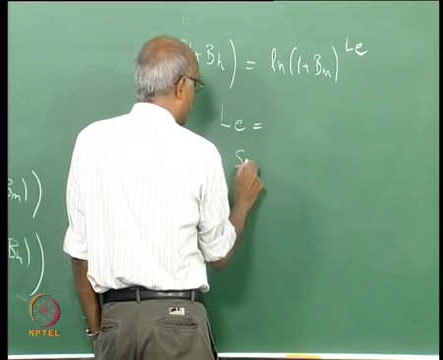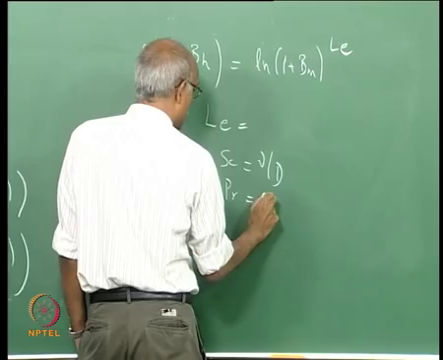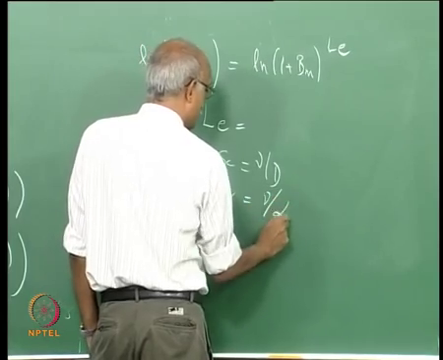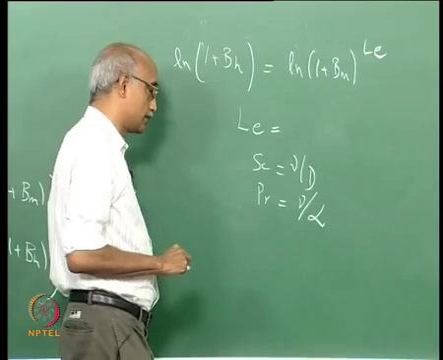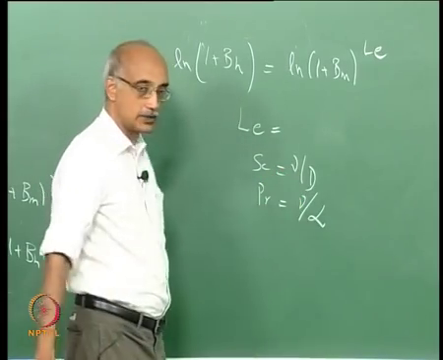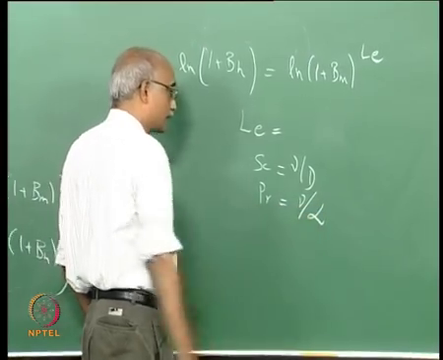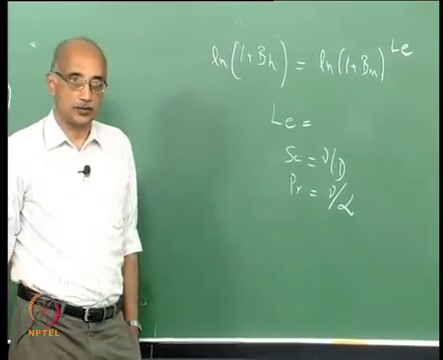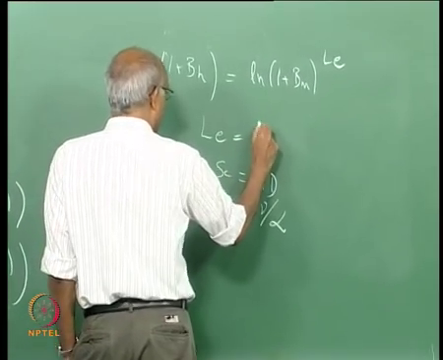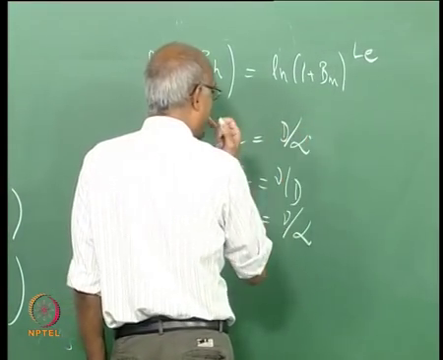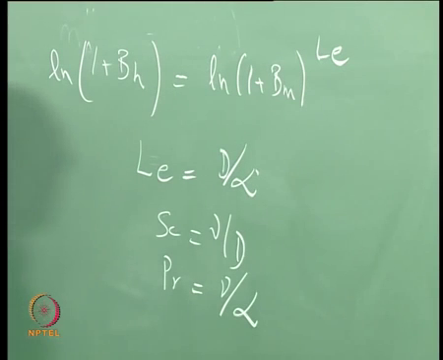well, Schmidt number as you know is equal to nu by D, and Prandtl number is equal to nu by alpha, right. Schmidt number is where nu is the kinematic viscosity, D is the diffusivity, the Fick diffusivity, and alpha is the thermal diffusivity. The Lewis number is actually D by alpha, relating Fick diffusivity to thermal diffusivity.